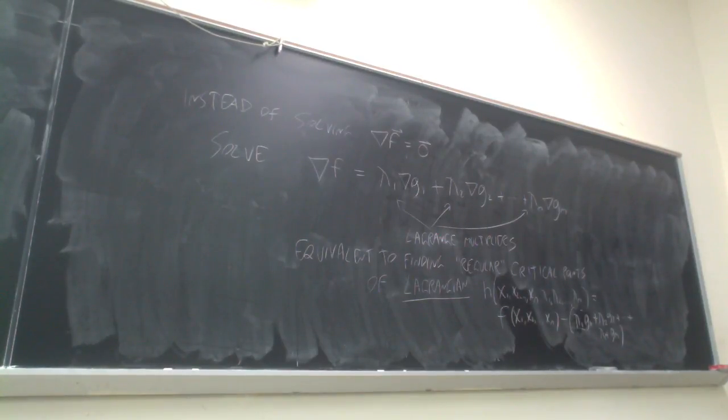And the thing is, the only way that the gradient of this can be 0 is if all the constraints are satisfied.